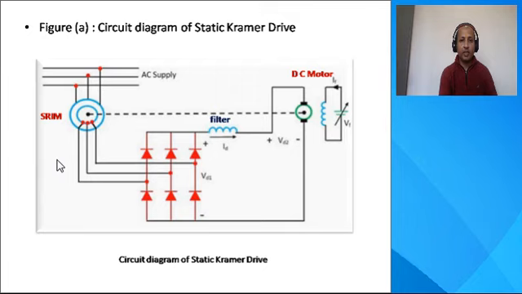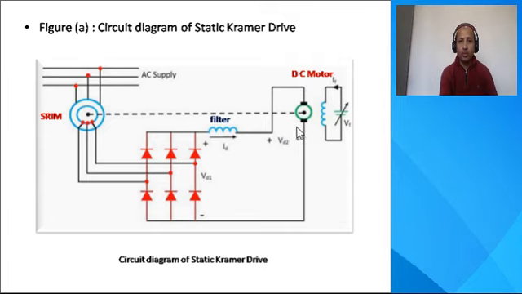Now we can see here that the slip power is fed to this diode bridge rectifier circuit. This is the diode bridge rectifier circuit, and this rectifier circuit converts this AC power into DC power, and with the help of this filter circuit, ripples which are available in the converted DC power are removed, and this DC power is fed to the armature circuit of the DC motor.